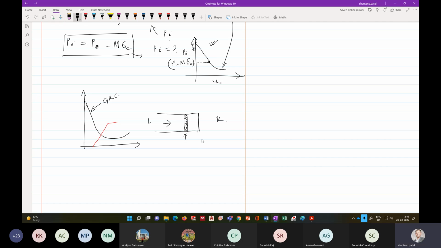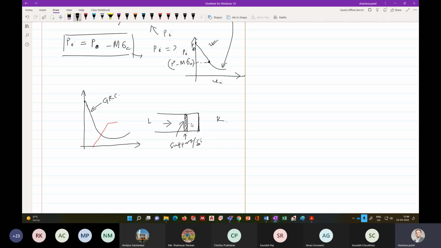Is it clear what I'm trying to say? So this is our support, let's say. The simplest example is a stick, or maybe some probe. What do you think when we put this stick and the excavation is here?